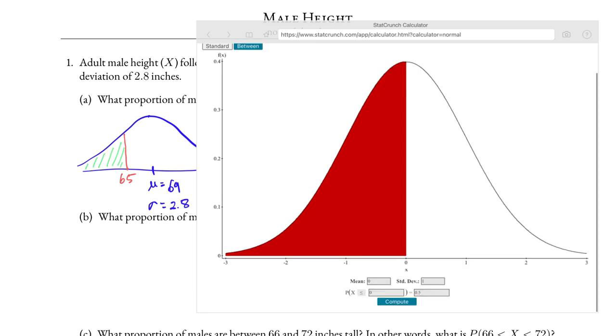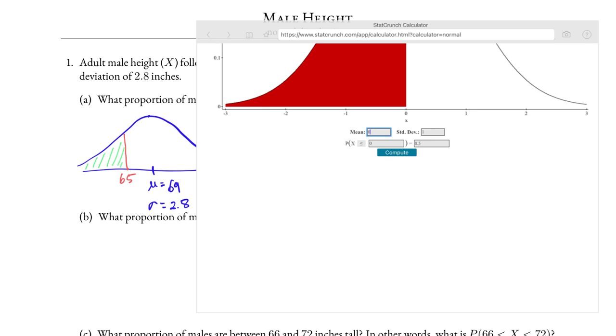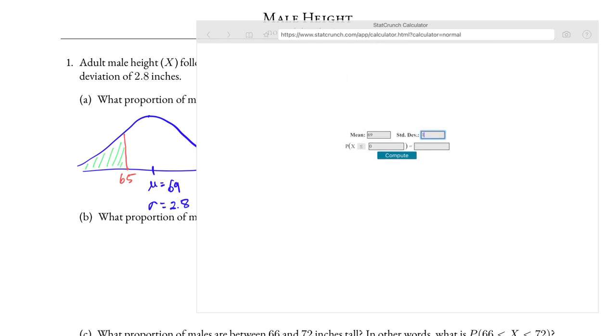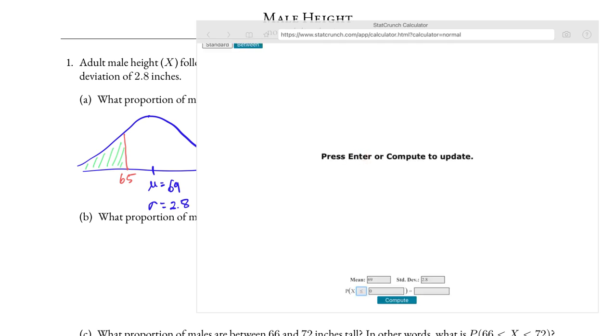This is the StatCrunch normal calculator. To use the calculator, we would input the mean 69 and the standard deviation 2.8. We would click on the inequality box to choose the correct symbol. We want less than, but notice that there's no less than here because the normal distribution is continuous.